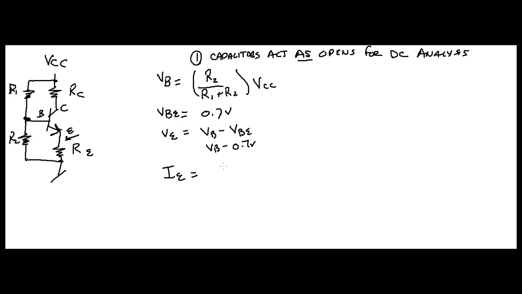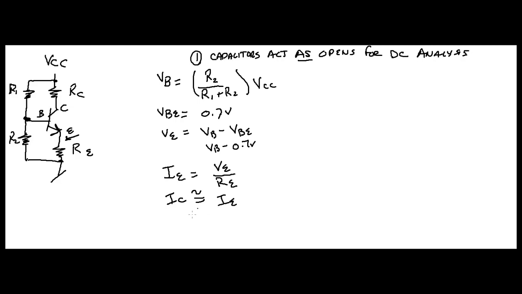So that's going to be voltage at your emitter divided by RE. That gives you your emitter current. Now once you know your emitter current, then this leads into your collector current, because your collector current is approximately equal to IE. Isn't this beautiful?